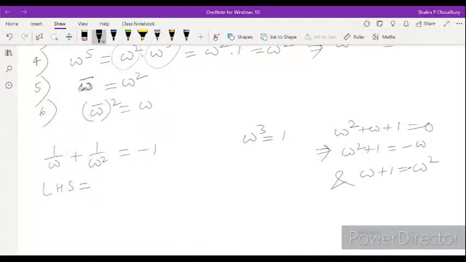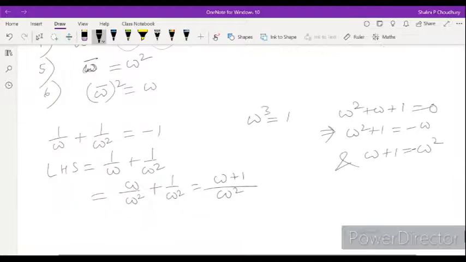Now what we will do, we will take LHS, that is 1 upon omega plus 1 upon omega square. Now we'll find out the LHS. So it will be, multiplying omega with numerator and denominator, omega plus 1 divided by omega square.